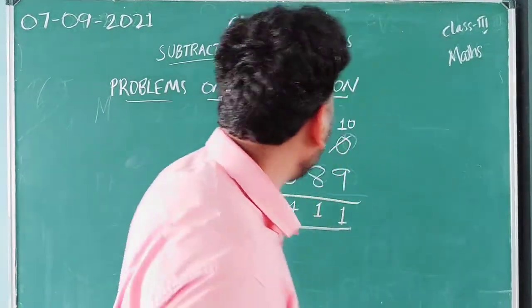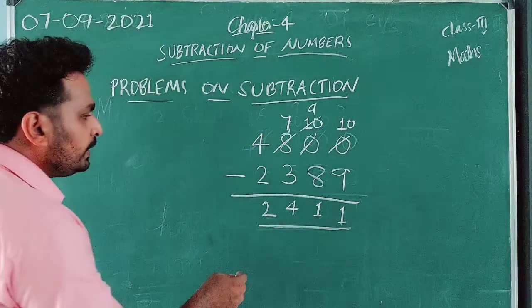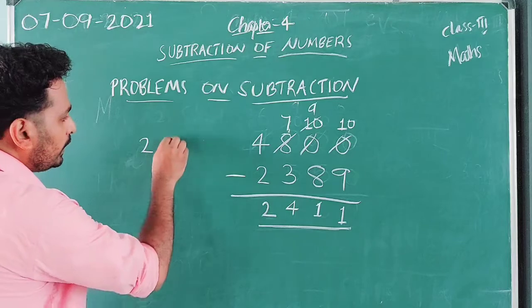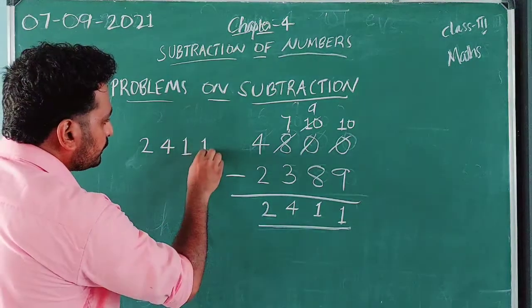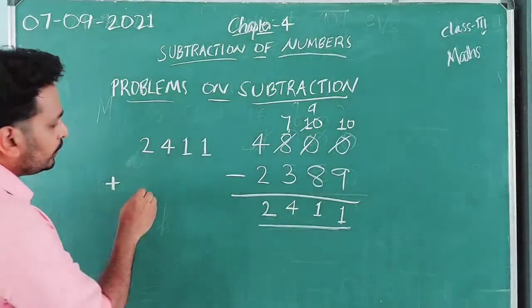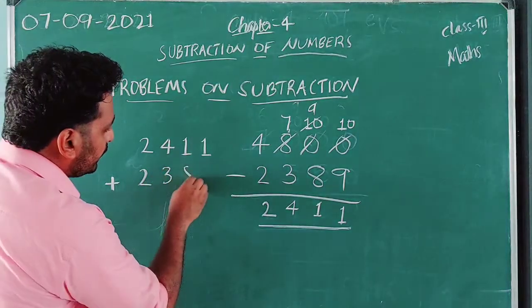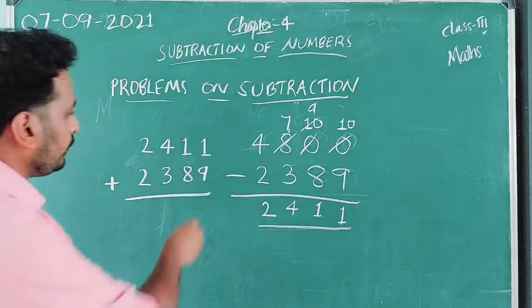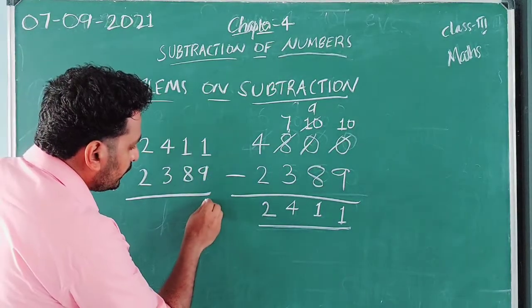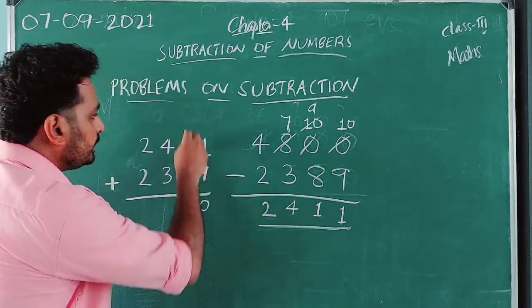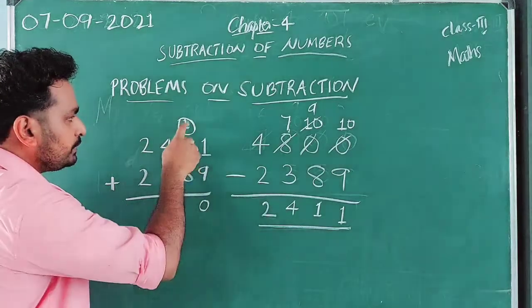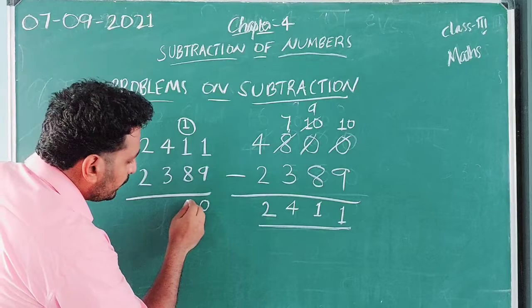So let us add 2,411 plus 2,389. So let us check the answer. 1 plus 9 is 10. 1 is carried forward to the next column. That is tens column. 1 plus 1, 2. 2 plus 8 is 10.